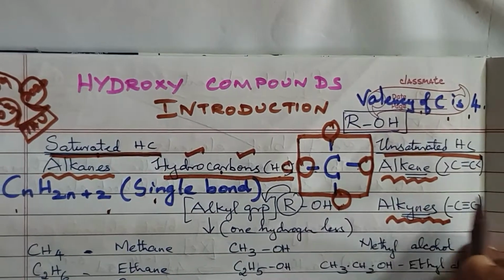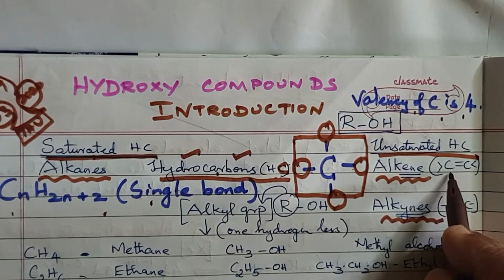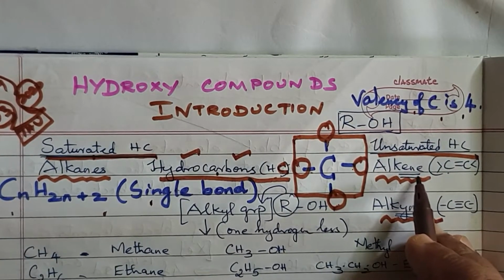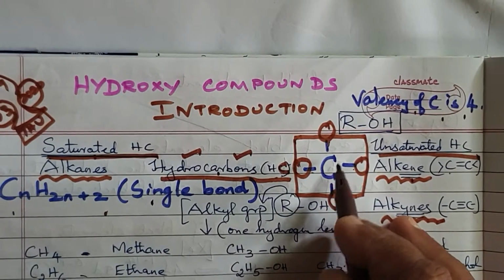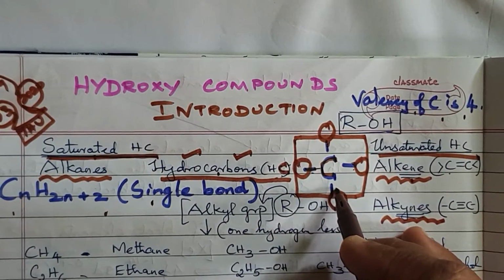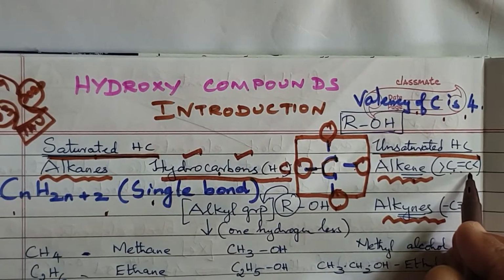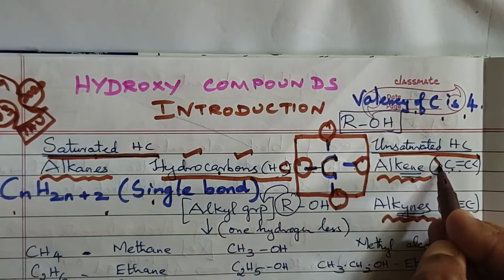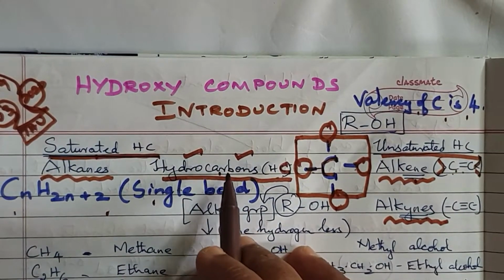Whenever a carbon atom has a double bond by the side of it, here carbon attached to another carbon with a double bond, that's called an alkene. Whenever you look at an organic compound, see whether carbon is satisfied by 4 bonds around it. Here carbon has 2 bonds connected with another carbon, so the remaining 2 bonds have to be attached to some other element, most probably hydrogen if it is a hydrocarbon.